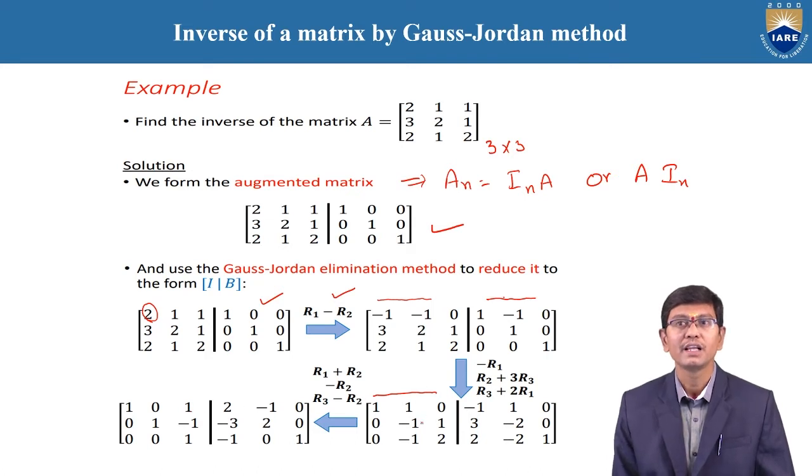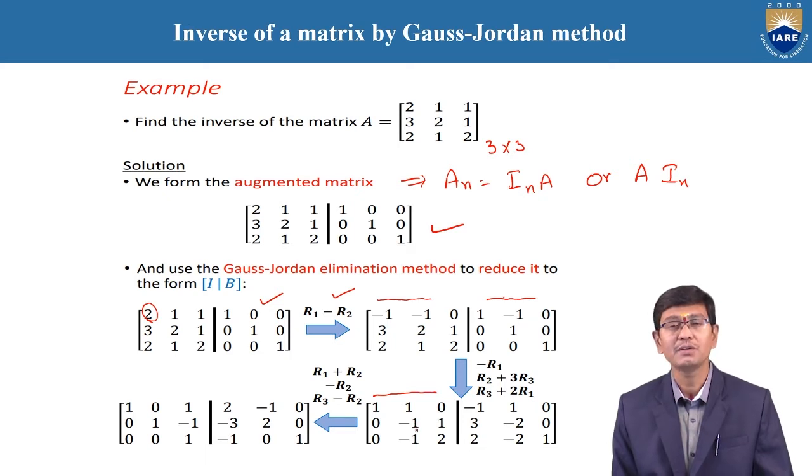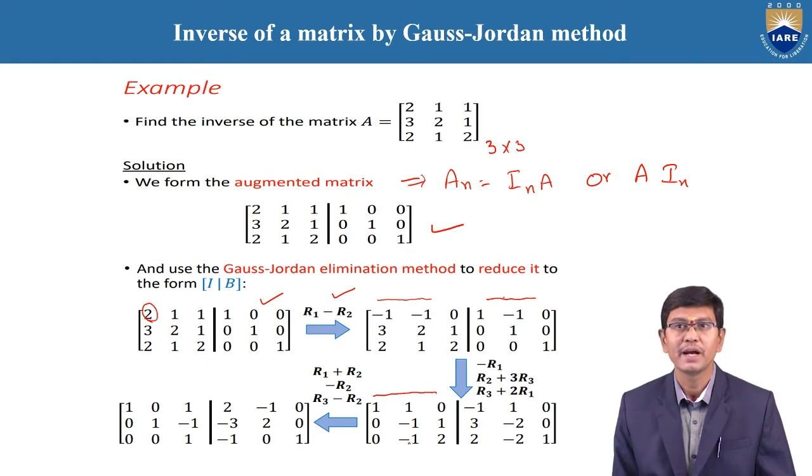Similarly, in the second row, the second column element is minus 1, but we need to change that minus 1 to 1. Due to that reason, once again we need to multiply the second row by minus, that is minus R2. Similarly, R3 also needs to change, the third row's second column element minus 1 to 0.